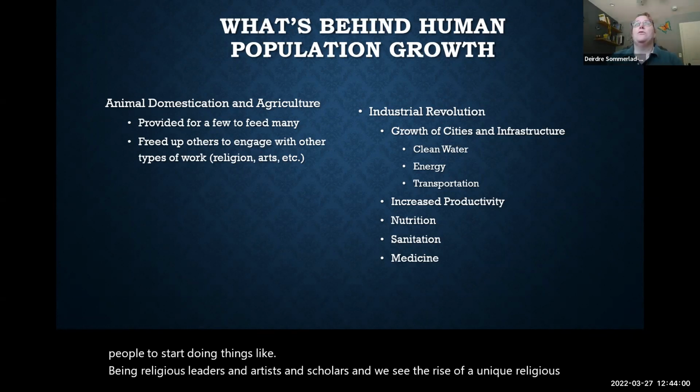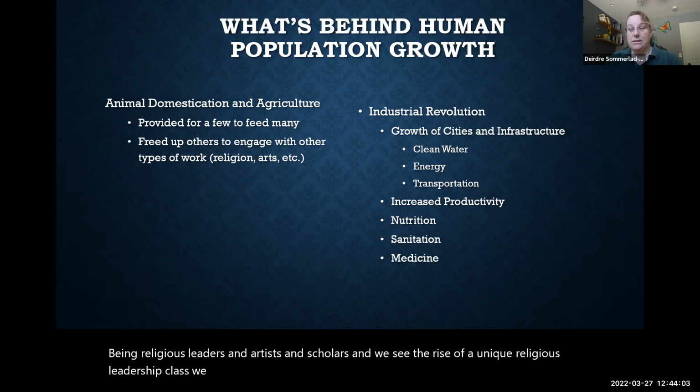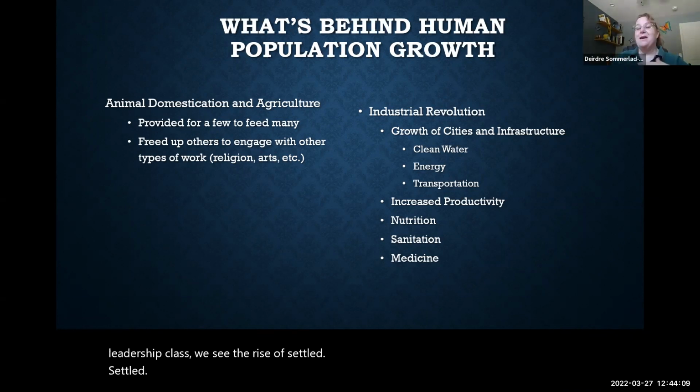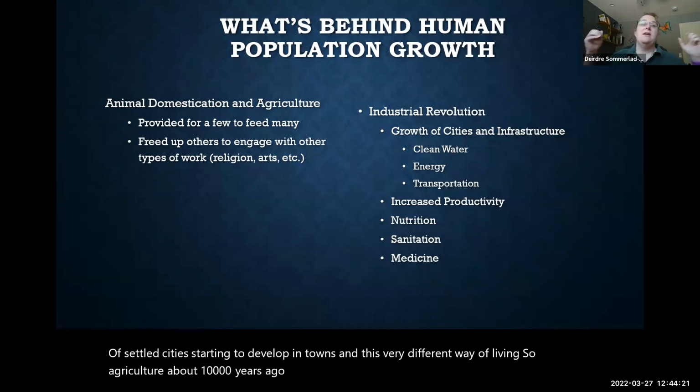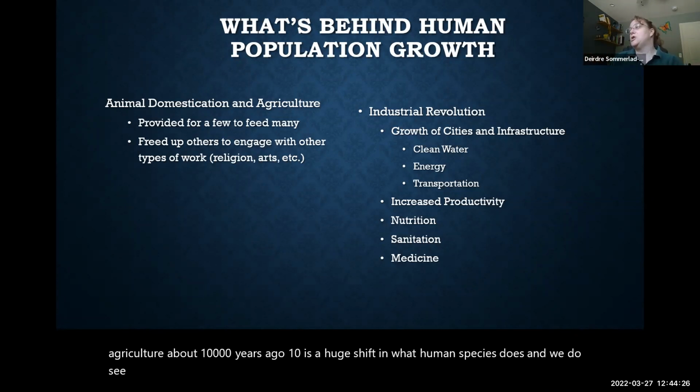We see the rise of settled cities starting to develop, and towns, and this very different way of living. So agriculture about 10,000 years ago is a huge shift in what the human species does, and we do see a huge population change. The other thing that happens is the Industrial Revolution.